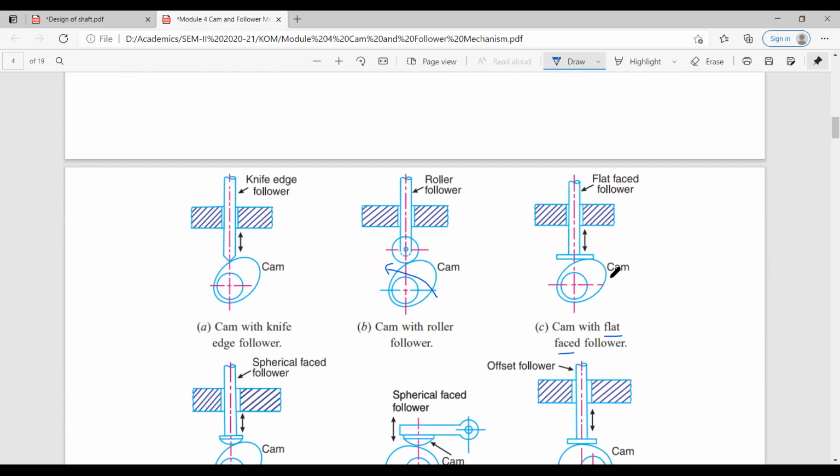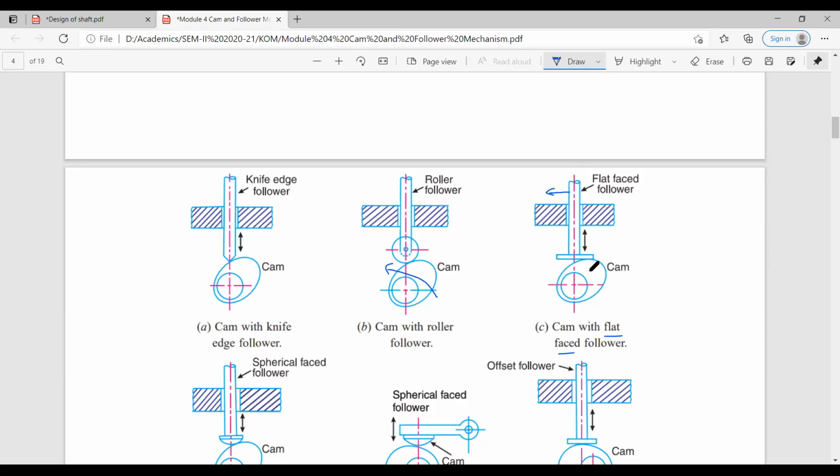Because of this, there will be less side thrust. Side thrust means a force which acts along the side of the guides which are carrying the follower. This follower is present in the guides. Those guides are stationary.